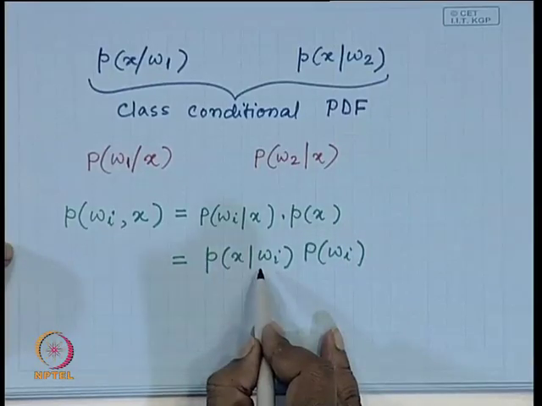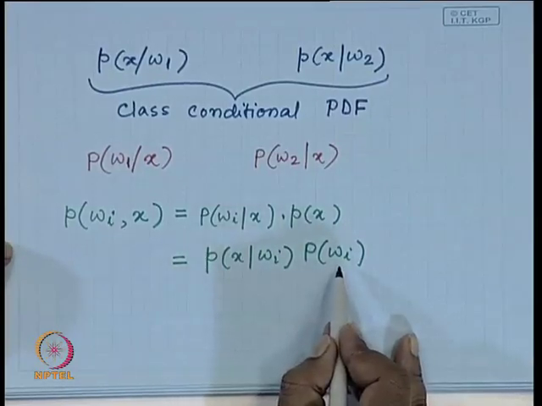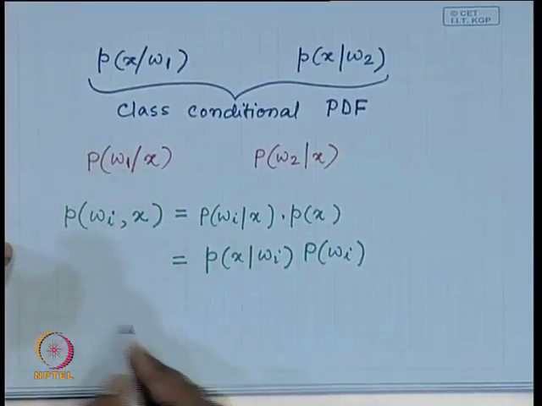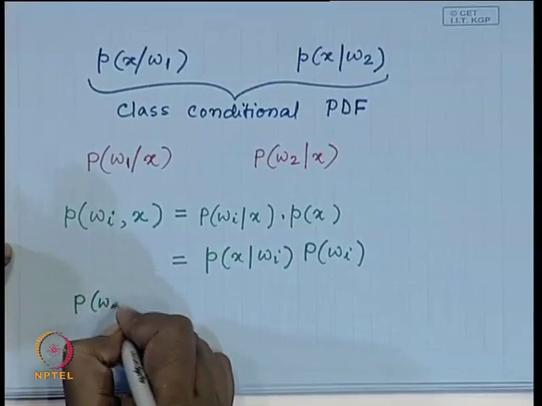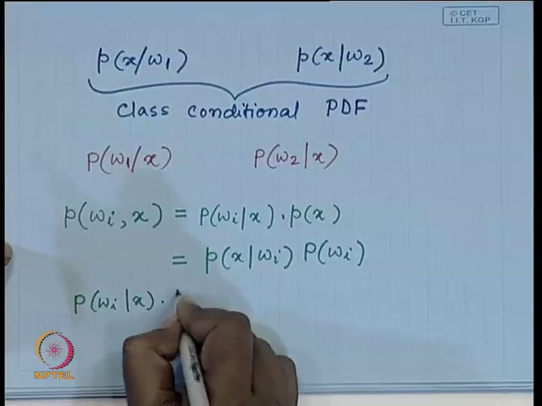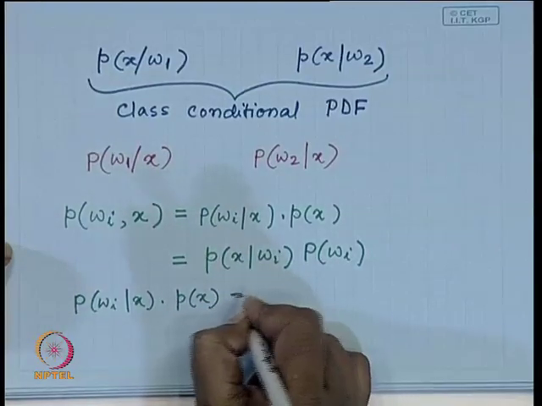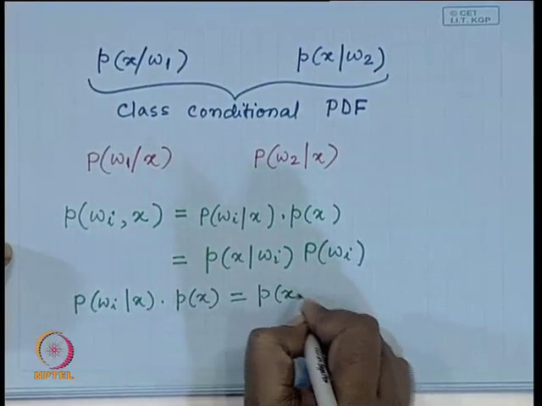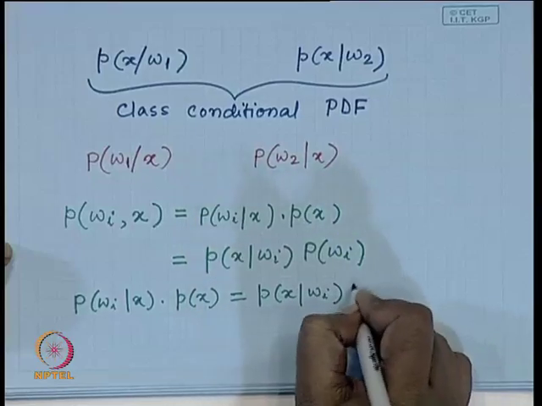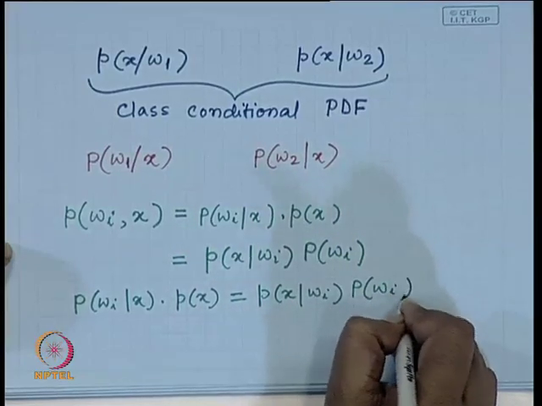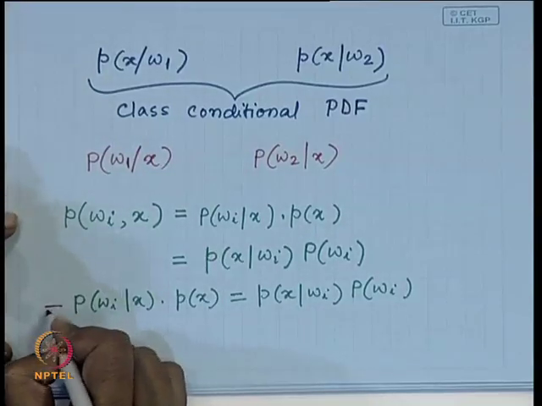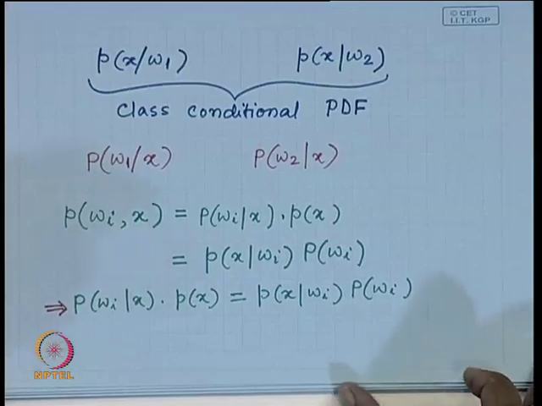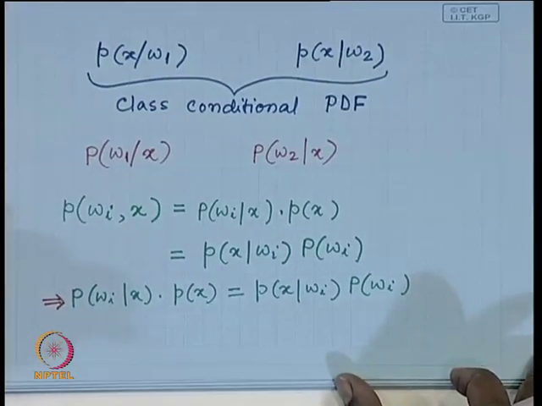This is again a conditional probability and this is the a priori probability that we have already discussed. From here I get a very simple expression: p of omega i given x into p of x is the same as p of x given omega i into p of omega i. I get this expression from preliminary probability theory.